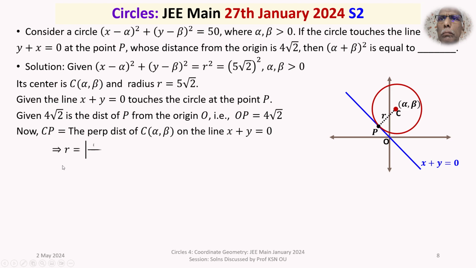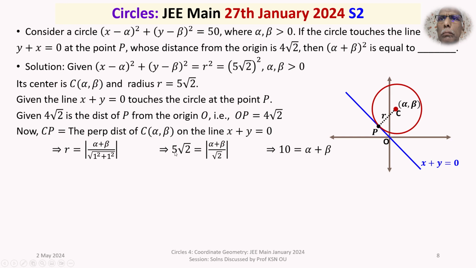So this will imply r is equal to the modulus of α + β, in x + y, x is equal to α, y is equal to β, substituted, under the square root of 1² + 1², that is the square of the coefficient of x, which is 1, plus the square of the coefficient of y, which is 1².